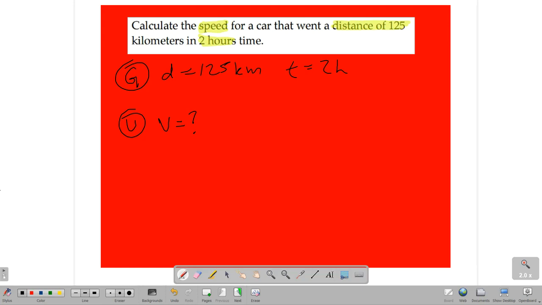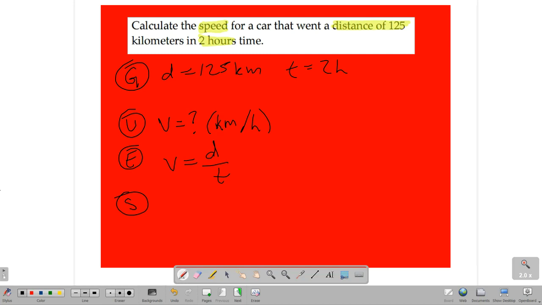So this tells us that for our speed, the units here are going to end up being in kilometers per hour. Okay, so the next thing we want to do is write out our equation, and we know that for speed, that is distance over time. All right, step 4 here.